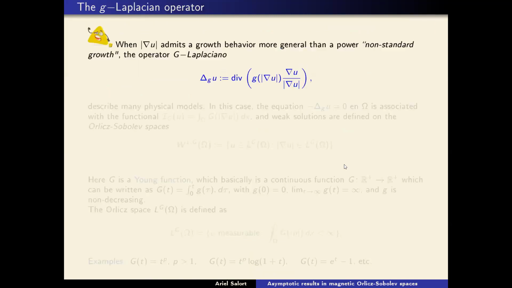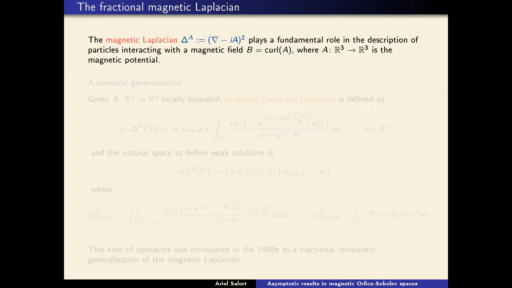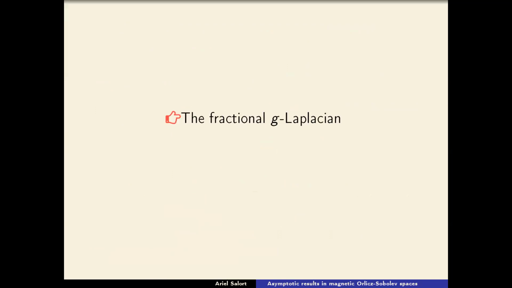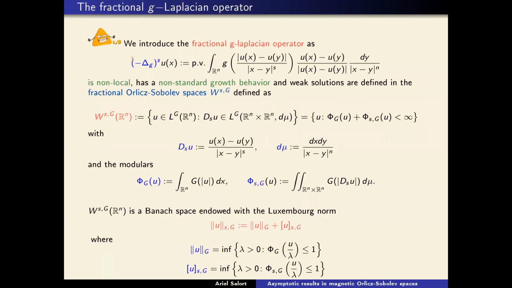This operator is what we call the fractional g-Laplacian, and it was studied in the first paper at the beginning, which I mentioned. This operator is defined this way. It is non-local because of this integral in the whole space, and the non-local gradient has a non-standard growth behavior.